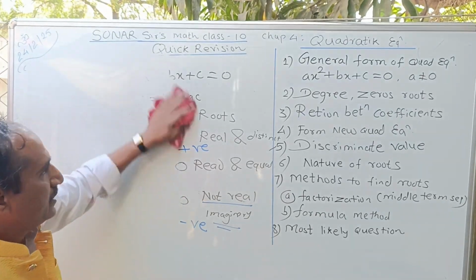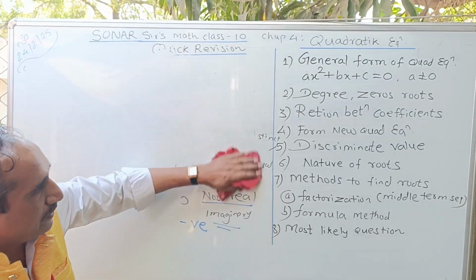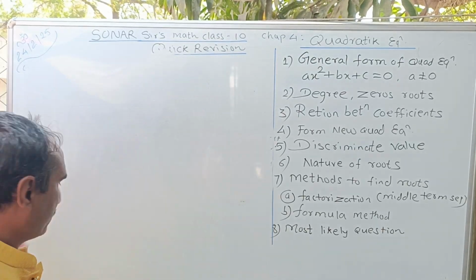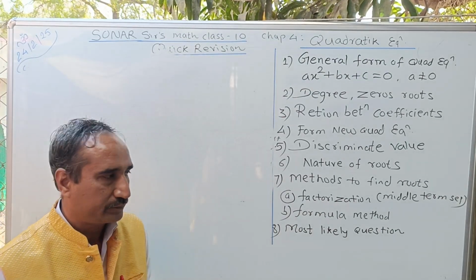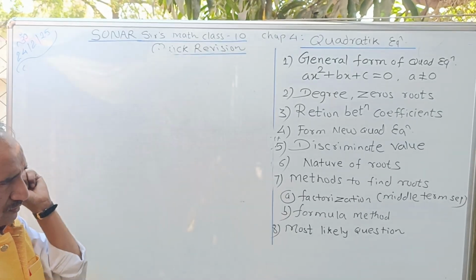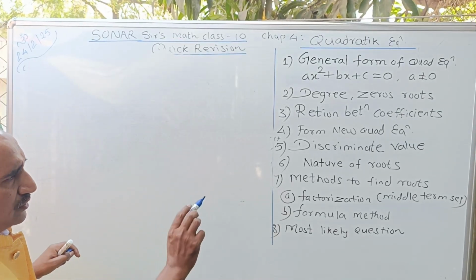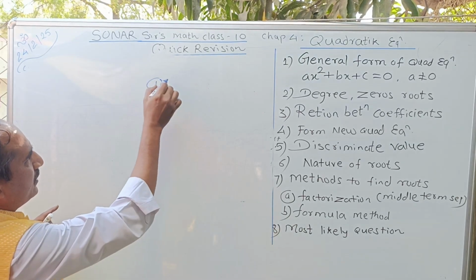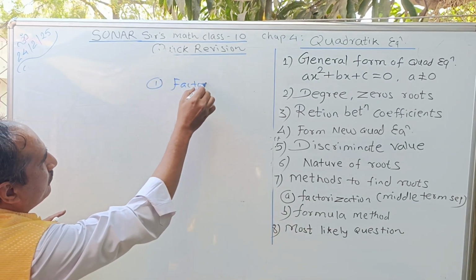Let's discuss now the methods to find roots of a quadratic equation. The first method to find the roots of a quadratic equation is factorization.